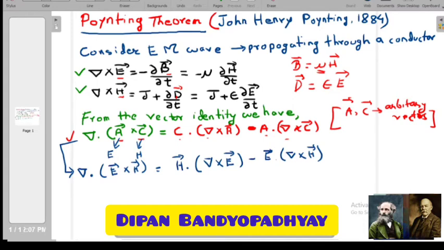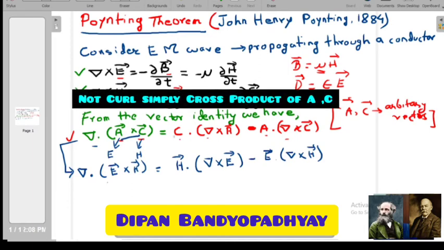To derive that, the starting point is a vector identity. We have chosen this vector identity, the divergence of the cross product of two vectors. Here I have chosen A and C as arbitrary vectors.